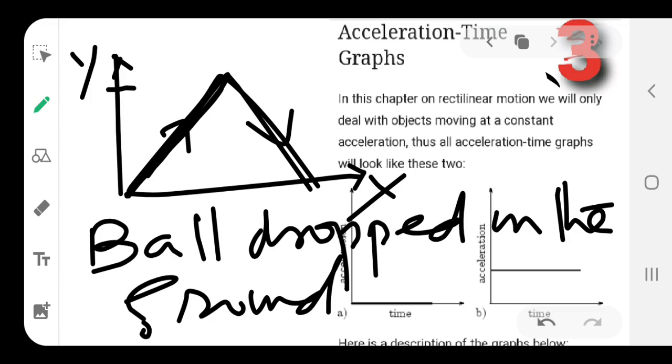So, these two graphs: one is the ball projected upward, the other is the ball dropped on the ground from a certain height.